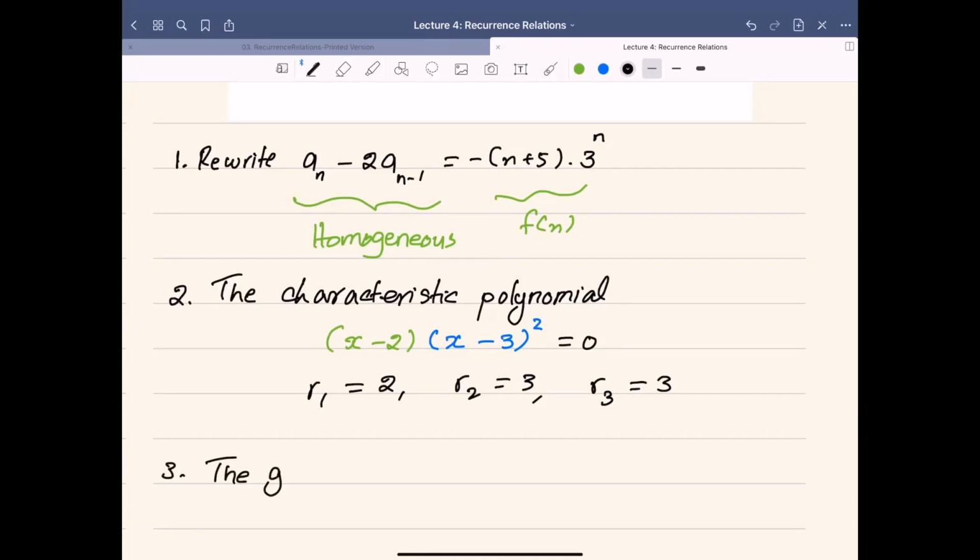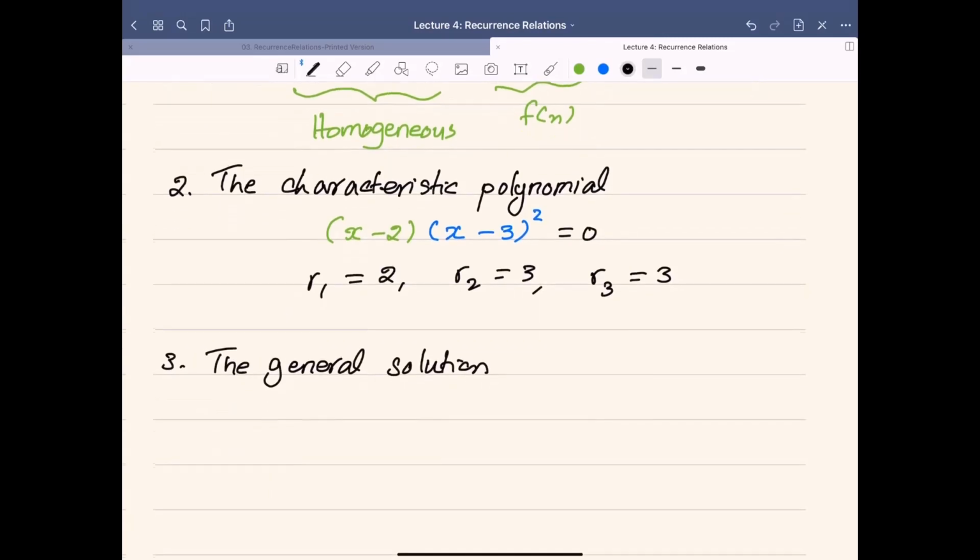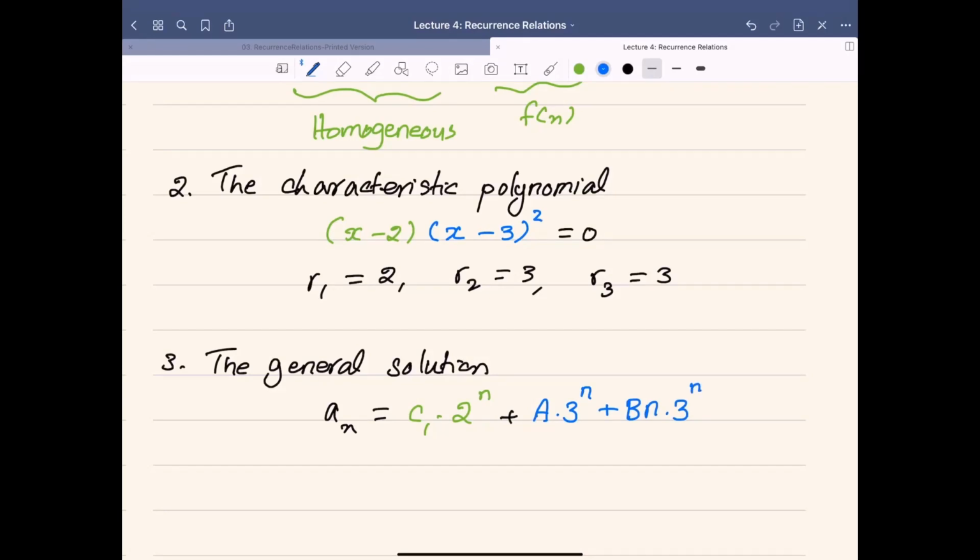Now we need to find the general solution. It will be a_n equal to, the one that is obtained from the homogeneous will be c1 times 2 raised to power n, and the one that is obtained from the function f of n will be a times 3 raised to power n plus bn times 3 raised to power n.